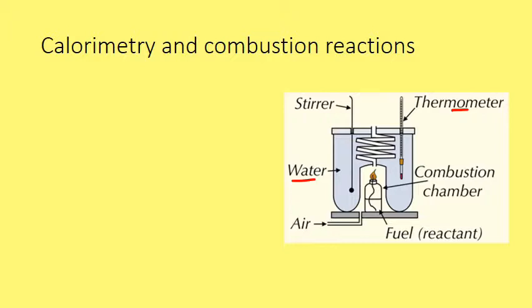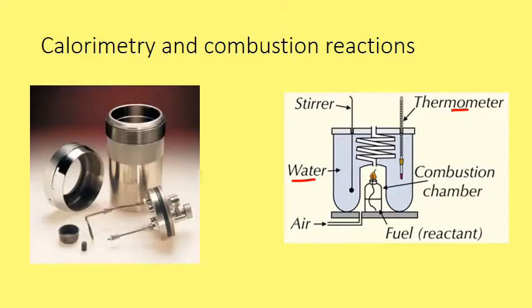But if you were in industry and doing such a practical, what your actual equipment would look like would be something like this. So this is just a real representation of the diagram we have, and our calorimeter. Well, the whole thing is the calorimeter, but this is our chamber that we put our water into. And what we can't see, that I'll try and draw on, is a little opening in the bottom.